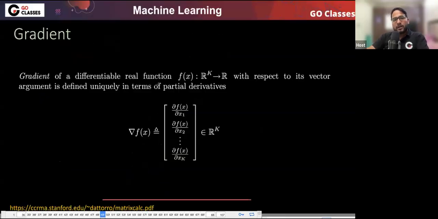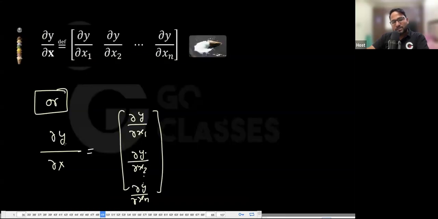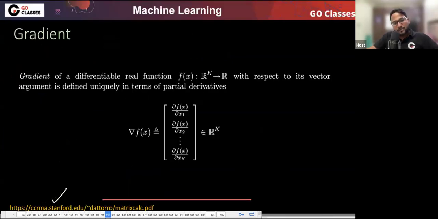Now, there is a term called gradient. Actually, this term, which is a scalar with respect to a vector, is also called gradient. I've taken this from Stanford, as you can see here, a gradient is something where you have a scalar function.